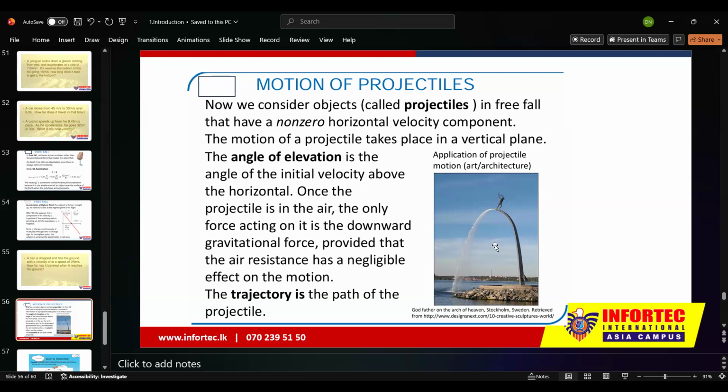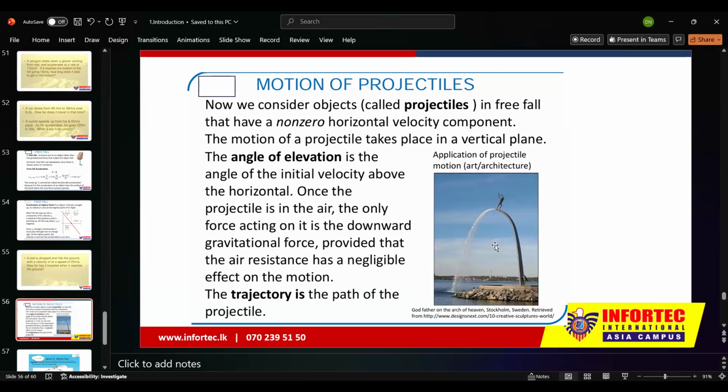Then there are two velocity components, one horizontal and the other vertical. The vertical part acts as a free falling object, so acceleration due to gravity acts on the vertical component.